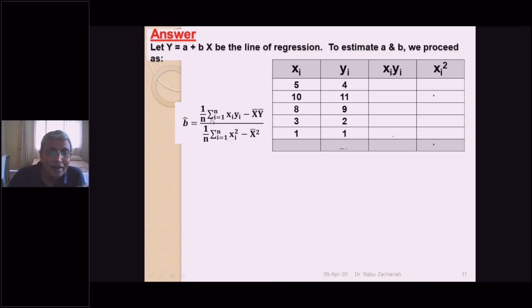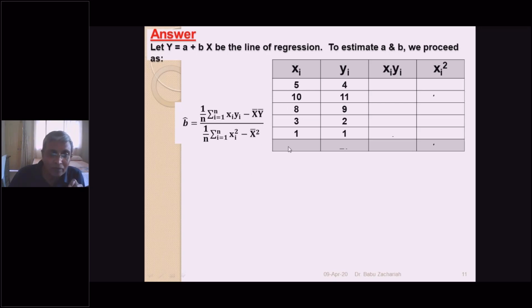Now, see, the formula says 1 by n sigma xi yi minus x bar y bar, whole divided by 1 by n sigma xi square minus x bar square. So here, how do we calculate?